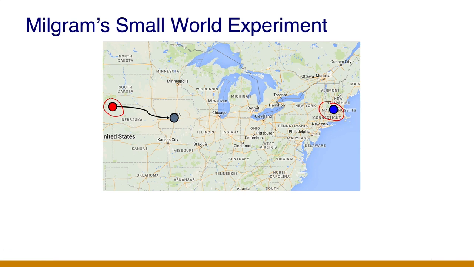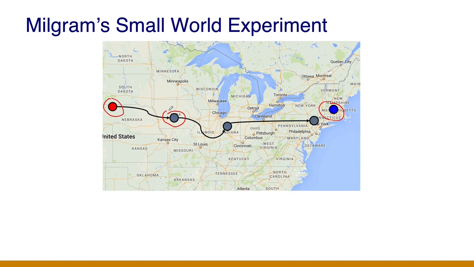Maybe this is somebody he knows in the easternmost states in the U.S. And again, the second person over here will look at the target person to see whether or not he actually knows this person. If he doesn't, he will forward it even further to the eastern states.